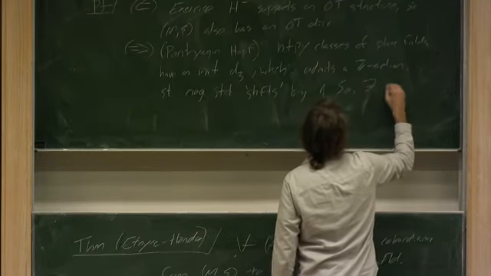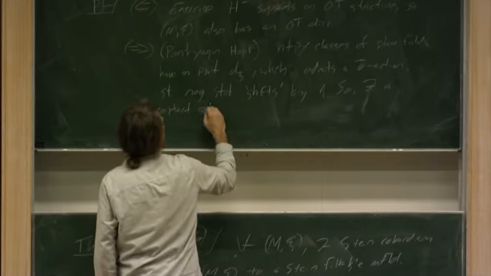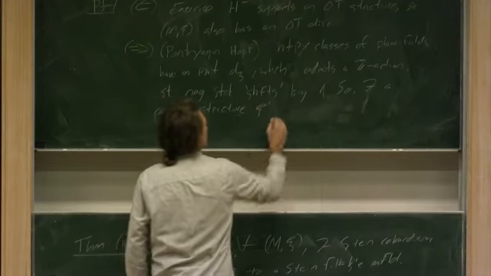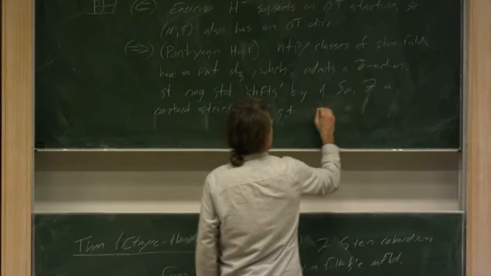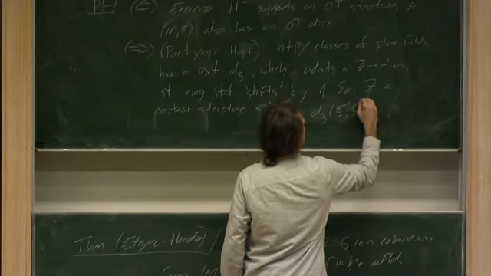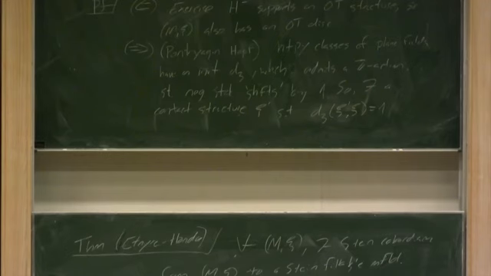There exists a contact structure, we'll call it C prime, such that D3(C prime, C) equals 1, i.e. the difference in their D3 invariant.